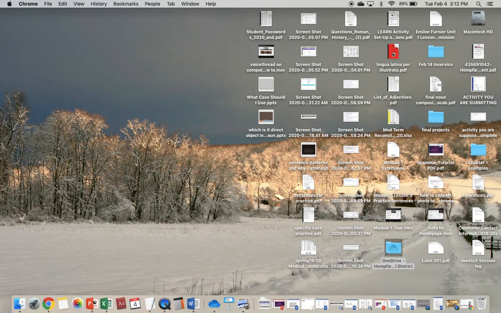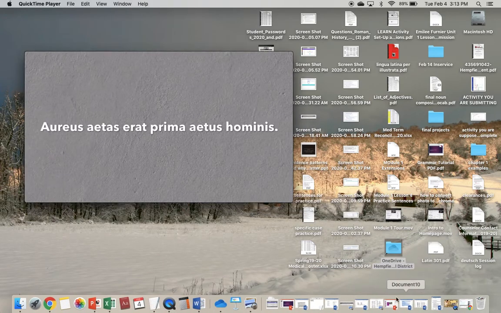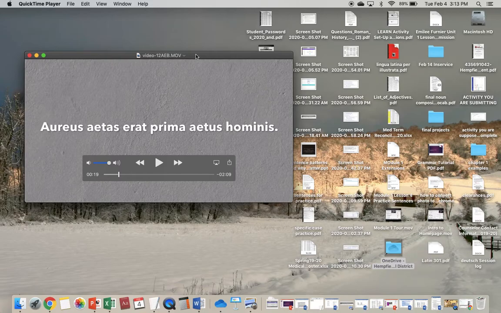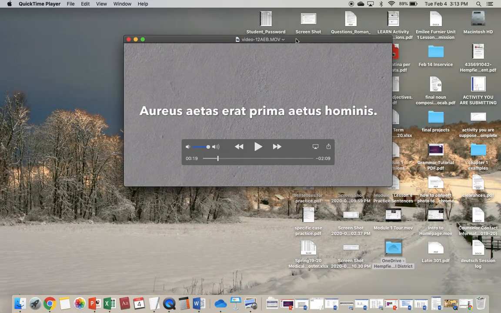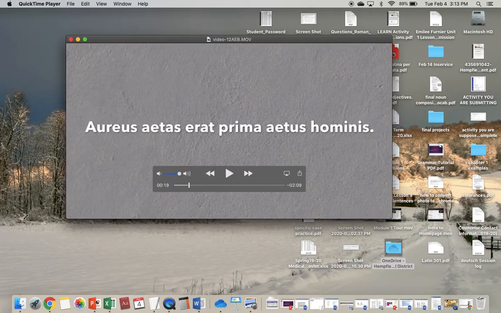I have a couple of other examples. Again, this one is going to look very different, and the answers that the student gave are going to be very different, but that's okay.